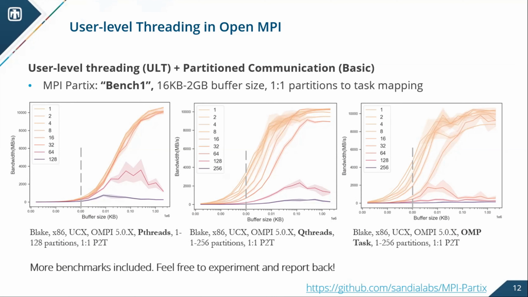In the middle, I'm showing the same thing where the backend uses QThreads to spawn parallel work, and on the right-hand side, OpenMP tasks. You can see that I'm achieving significantly more bandwidth when I can create that work quickly. The performance grows steeper already for smaller buffers, because the overhead of pthread creation and pthread handling is not given.